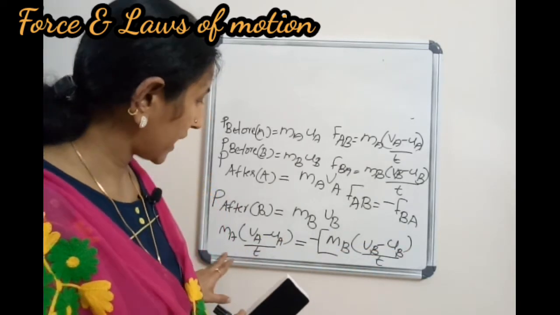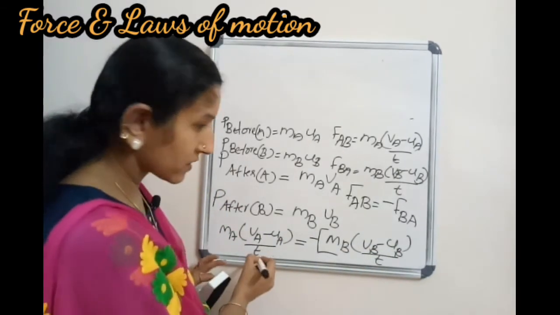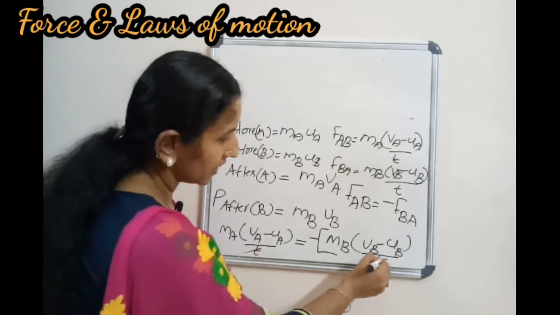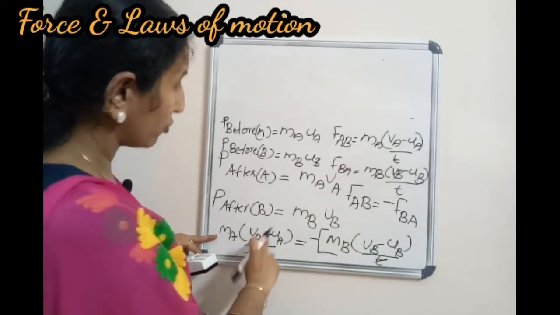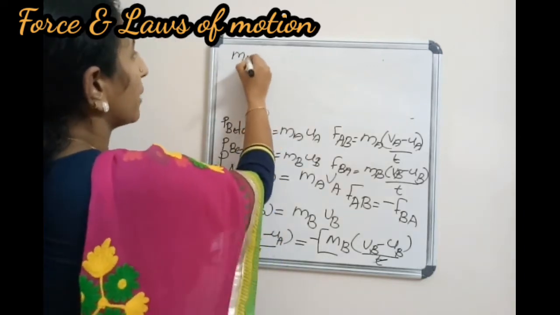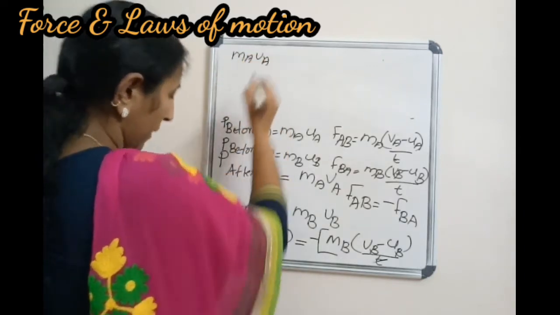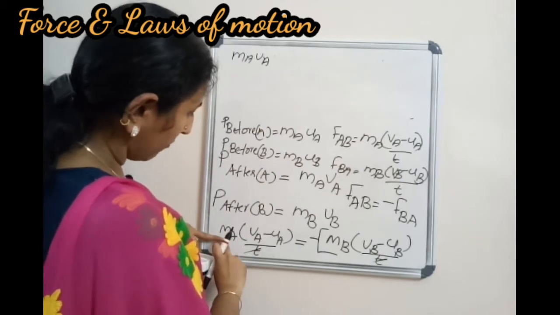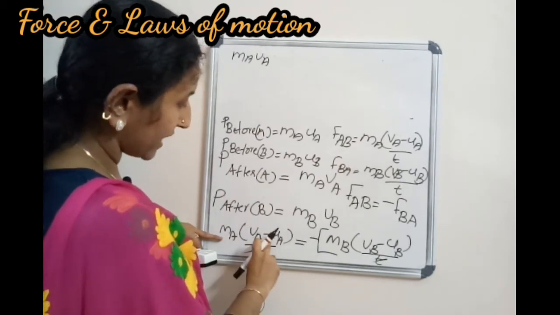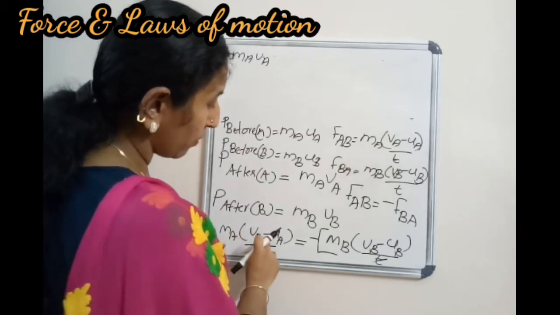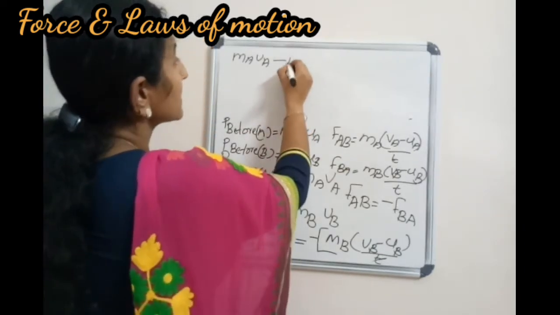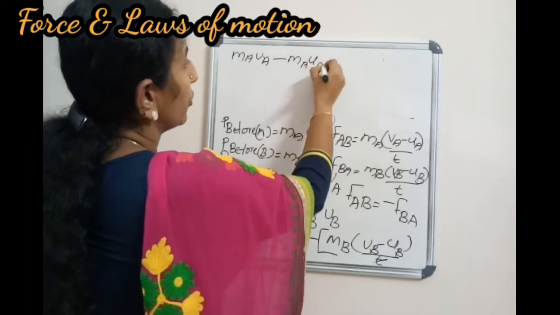Then the expansion. First cancel the T and T. Then expand the bracket. MA into VA, MA VA; then MA into minus UA, minus MA UA.